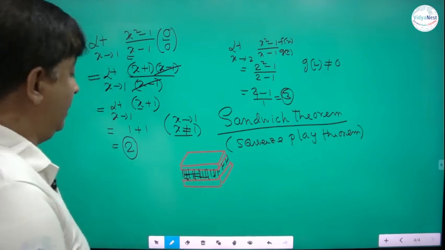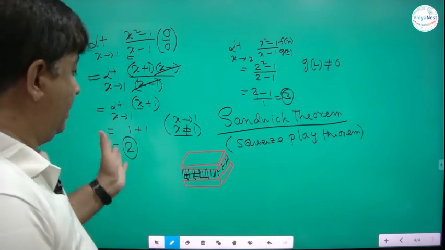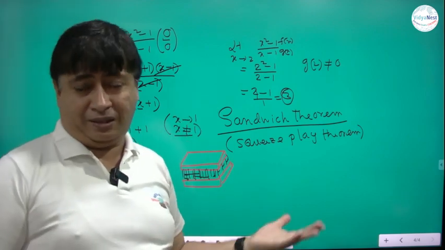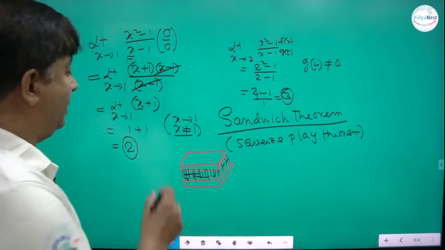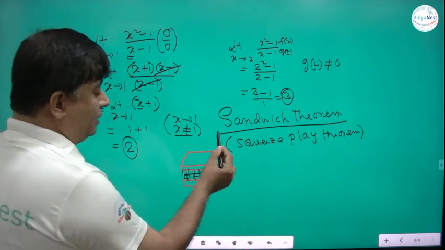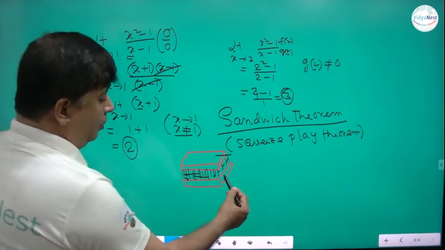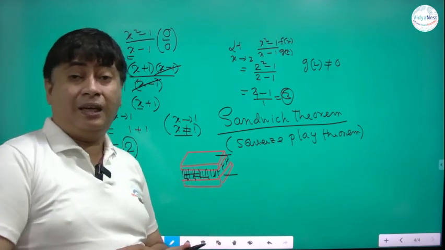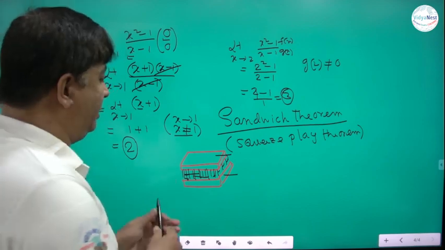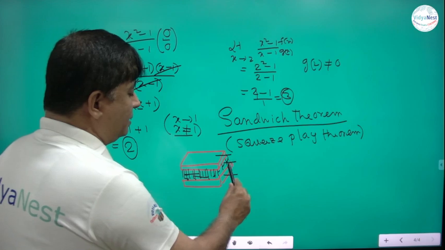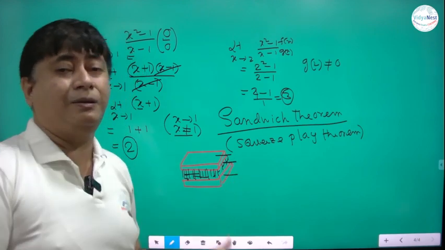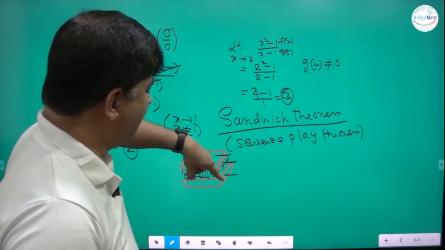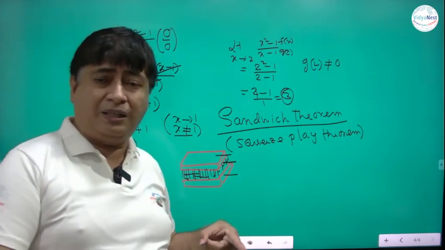If someone is having this sandwich, then how can you describe that event to your friend? Okay, the uppermost bread is eaten by your friend, and the lowermost bread is also eaten by your friend. That means it is our easy conclusion that the vegetable part in the middle has already been eaten. Yes or no? The uppermost is eaten, the lowermost is eaten, so the middle part must also be eaten. Yes or no?